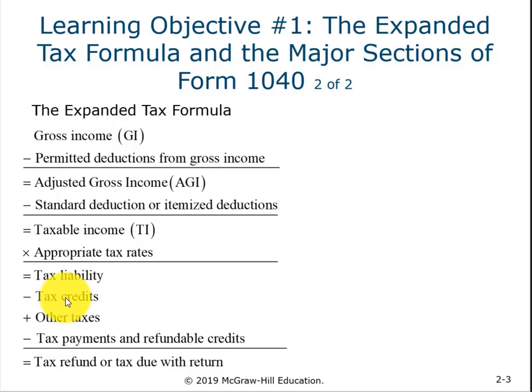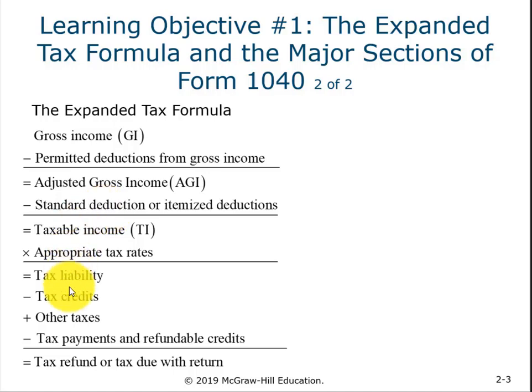So as we learn about tax credits, as we learn about some of the itemized deductions, many of them are calculated with reference back to this AGI. And so a change in AGI has a much bigger impact on your tax return than something that is not for AGI, or from AGI, which is the term we use.